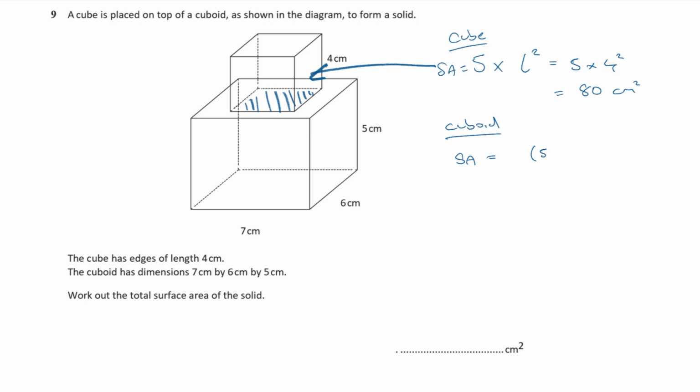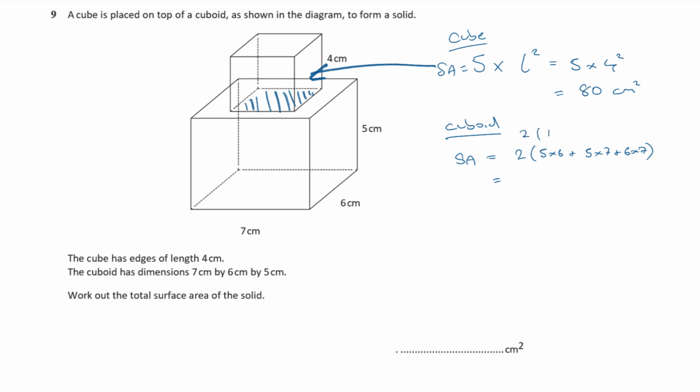So like 5 times 6 plus 5 times 7 plus 6 times 7. So you take each combination of two sides and then you double it up because you've got matching faces at front and back, top and bottom, left and right. So that would normally be the surface area of a cuboid.